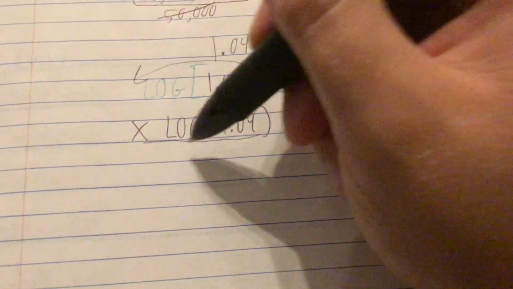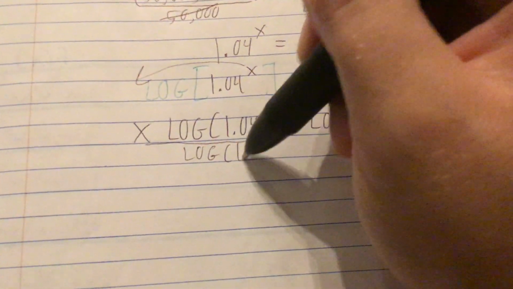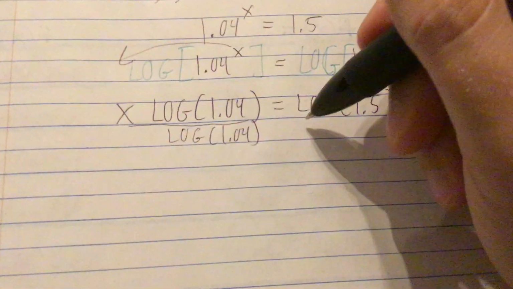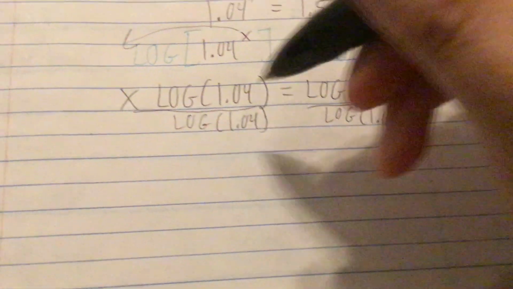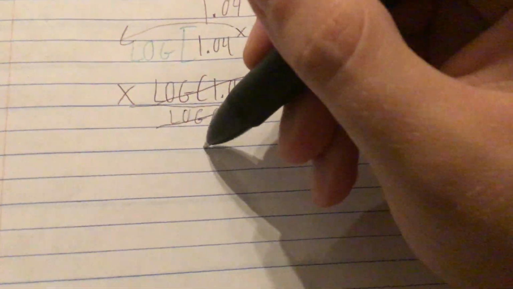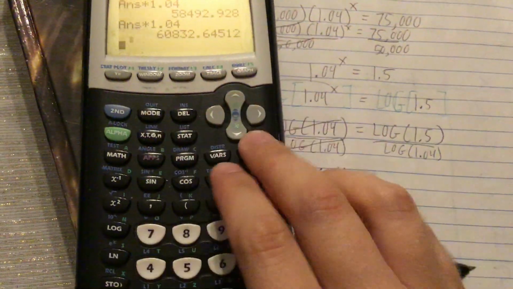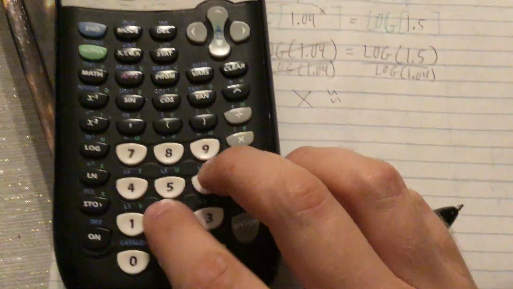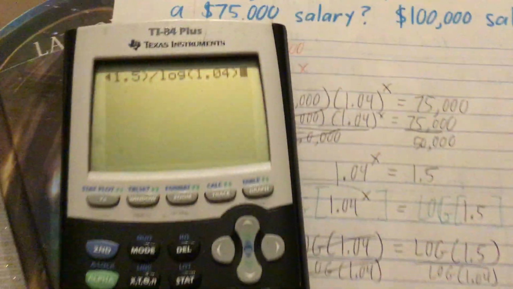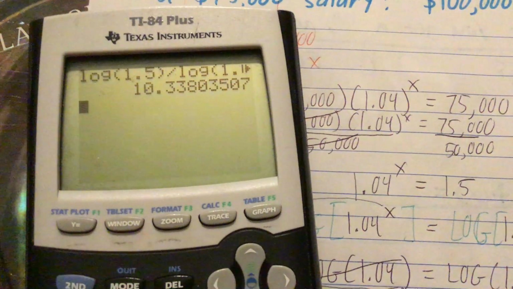Now, I'm going to solve for x by dividing both sides of the equation by log of 1.04. So that means x is approximately, I'm going to pull out my calculator. So I'm going to do log of 1.5 divided by log of 1.04. Remember to close the parentheses. And I'm going to get 10.338.